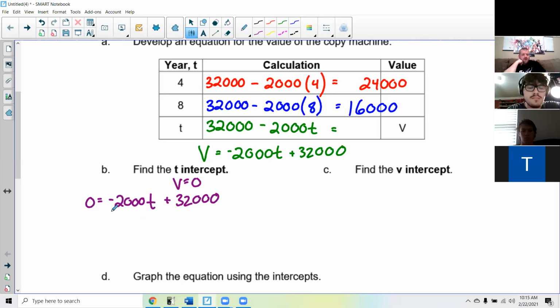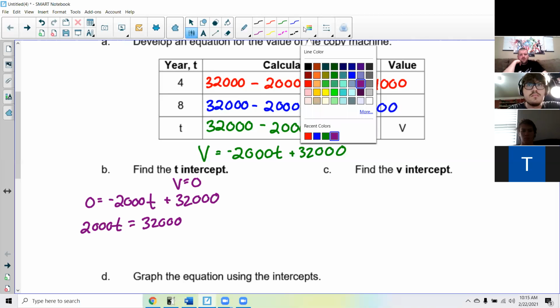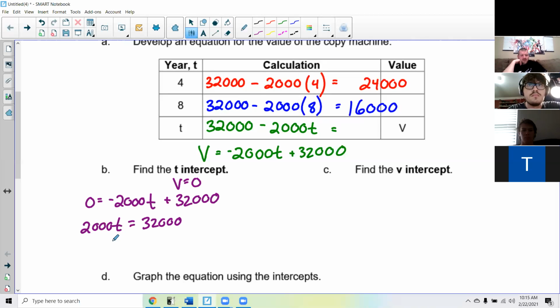It doesn't matter what you move. I'll add 2,000t to both sides. So I get 2,000t equals 32,000. Getting t by itself, I'll divide both sides by 2,000, and I get t equals 16.